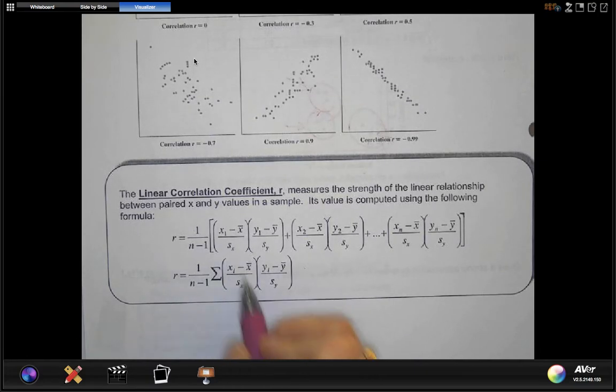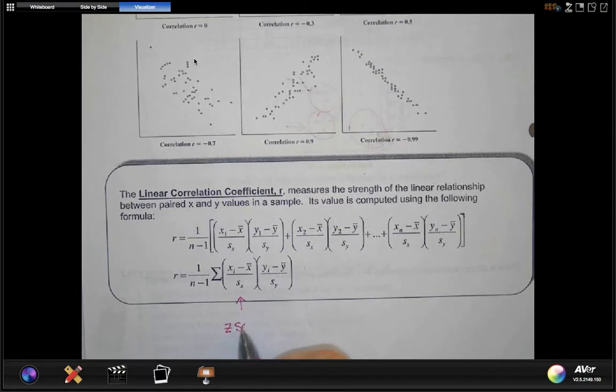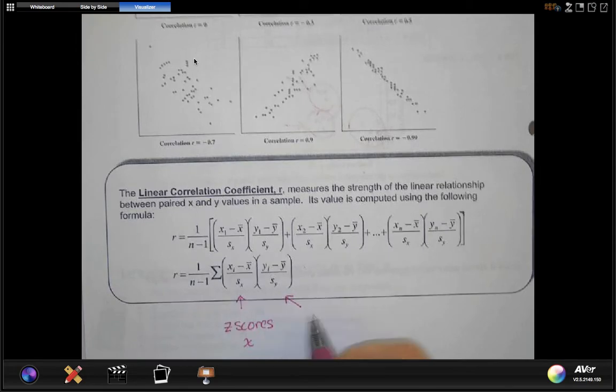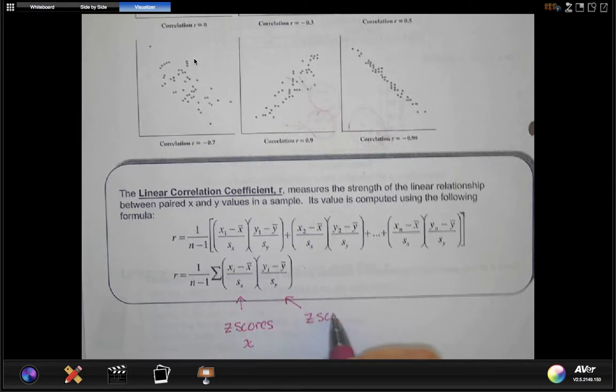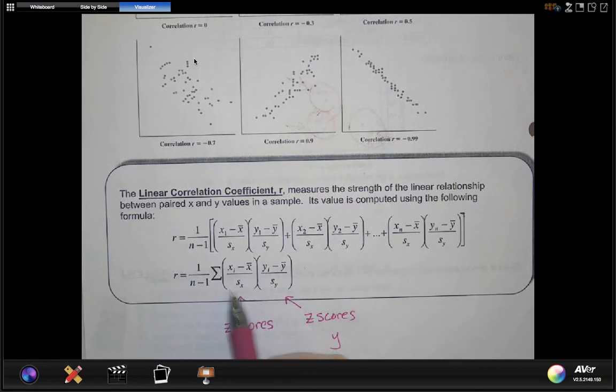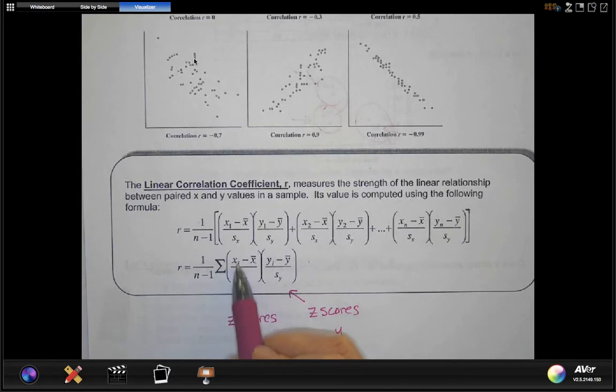But essentially what's happening is that we're finding the z-scores of the x variable, and then we're finding the z-scores of the y variable. So we're finding the mean of the x and the standard deviation of the x, finding out how far away each x value is from the mean of all the x values in terms of the standard deviations.